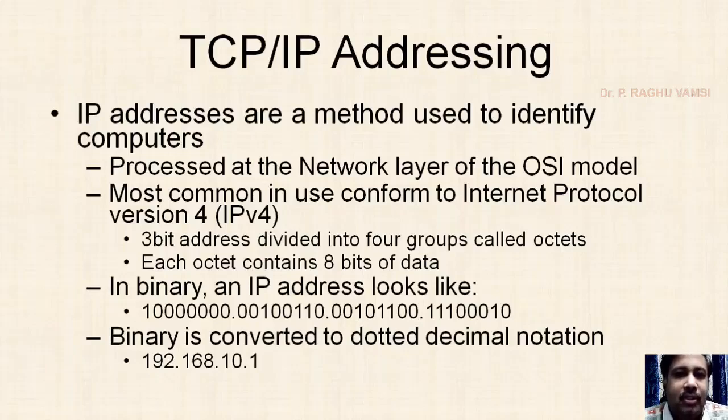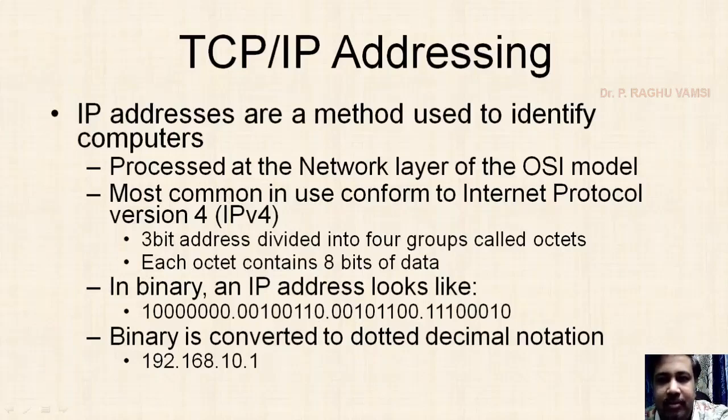In IPv4, the address is divided into 4 groups called octets, each octet consisting of 8 bits. So actually, here it's a mistake I have written in the slide. It is a 32-bit address.